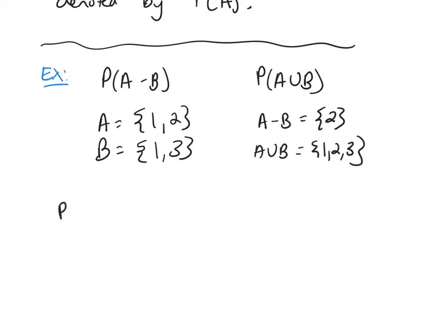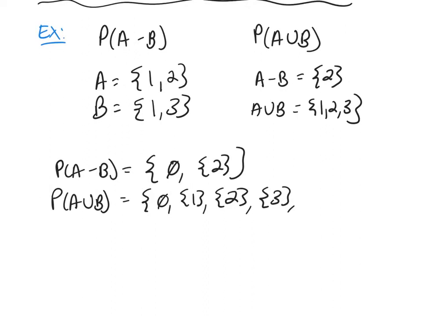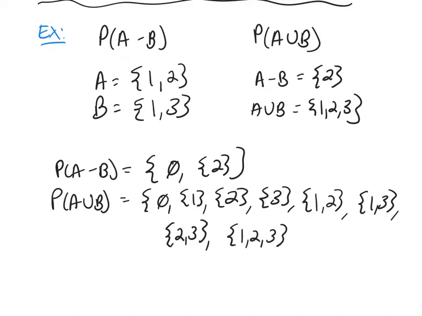The power set of A minus B is just the empty set and the set containing 2. And the power set of A union B will be the set containing 1, the set containing 2, the set containing 3, then all of our subsets with 2 elements in them, {1, 2}, {1, 3}, and {2, 3}, and then {1, 2, 3}.